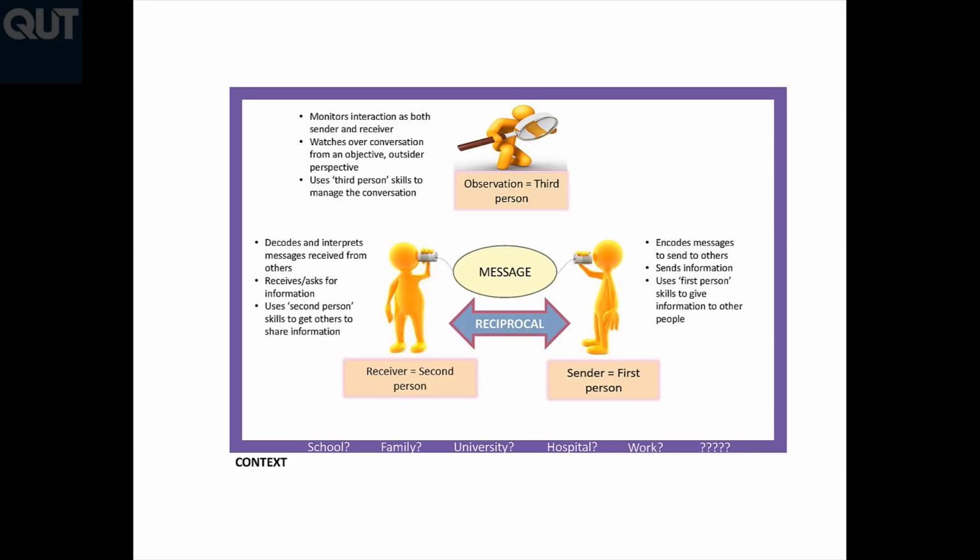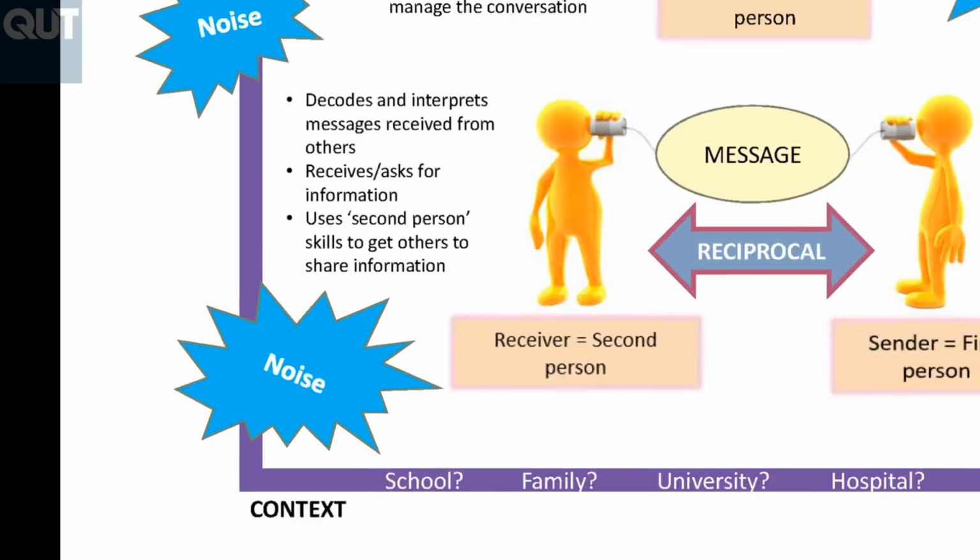The context that you are communicating in will impact on your effectiveness because it can alter the way that messages are sent and received. For example, I'm sure if you were wanting to tell me, your university lecturer, something, you would probably choose different words and adopt a different communication style compared to if you wanted to talk to your friend or family member.